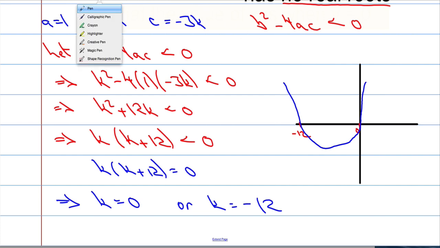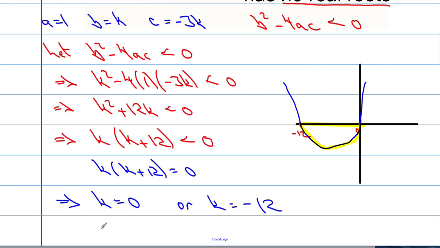And where is this quadratic less than 0? Well, let's get the highlighter out. All these values are less than 0. That means any value of k which is bigger than negative 12 but less than 0 will satisfy it.